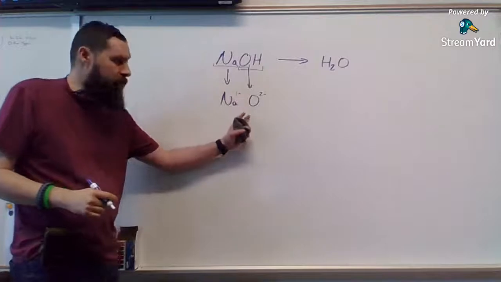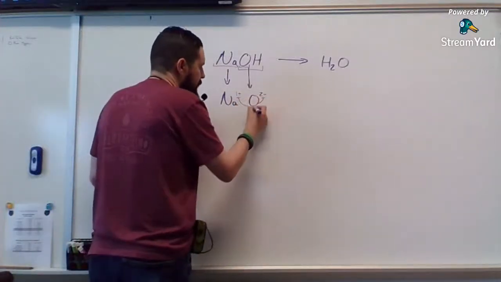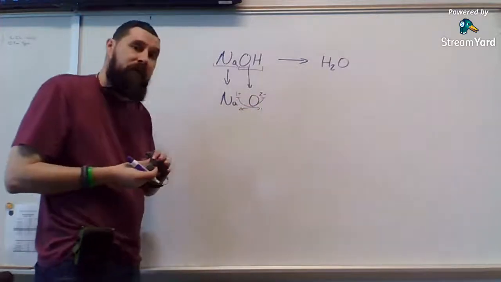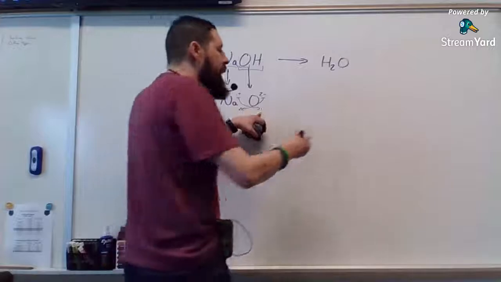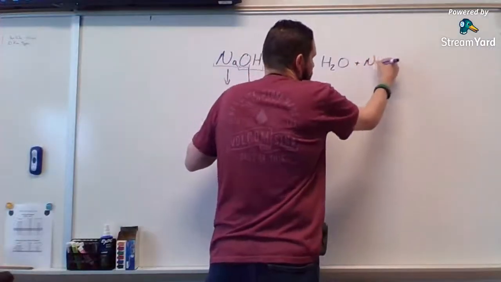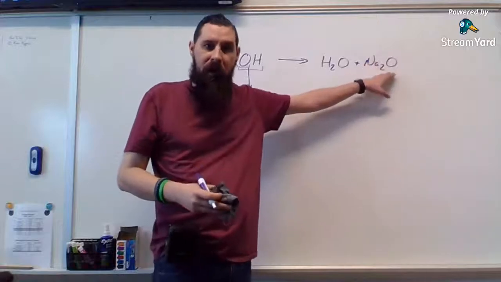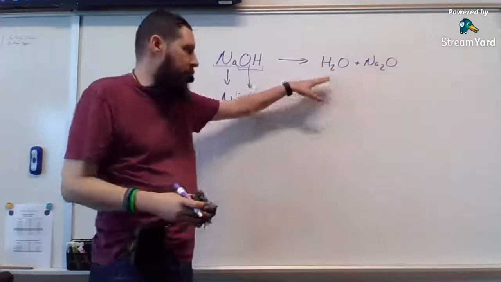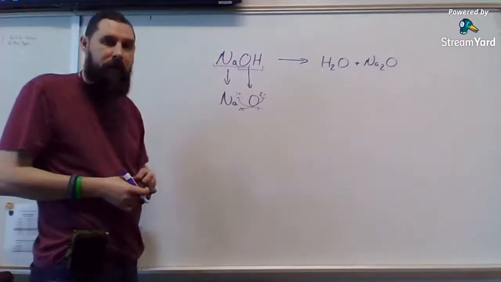Sodium is a +1, oxygen is a 2 negative. Cross down those charges, which you're probably getting tired of hearing me say, but I'm going to continue saying it. And I get Na2O1, or simply Na2O. My metal oxide and water when a metal hydroxide decomposes.